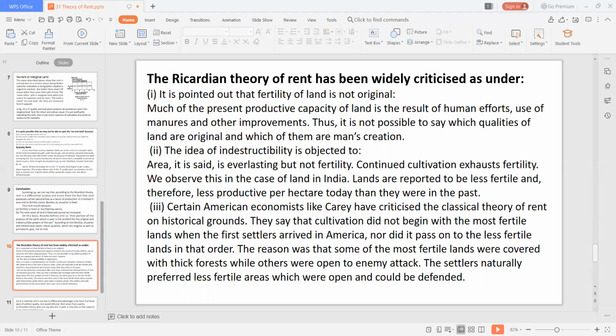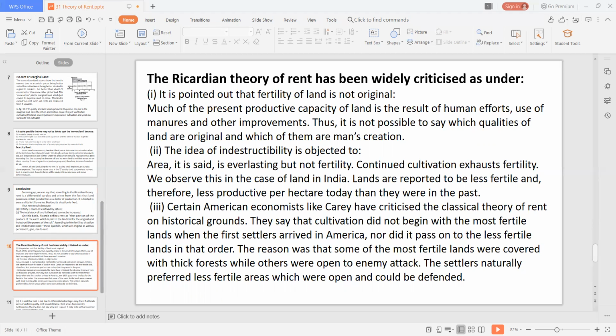Continual cultivation exhausts the fertility, so fertility cannot be the measuring scale. And we observe that in India, lands are reported less fertile and therefore less productive per acre today than they were in the past. Definitely, the fertility of land cannot be quantified as we think, because subsequent doses of cultivation decrease the fertility.